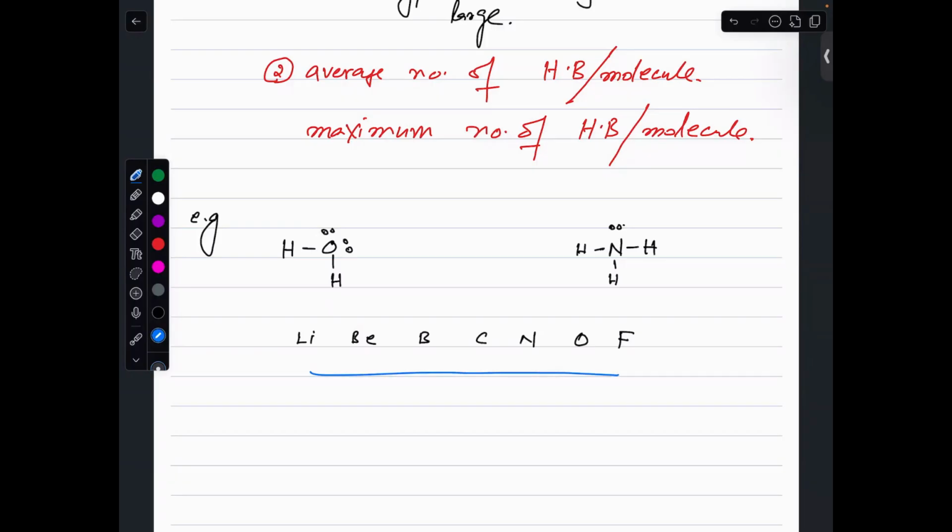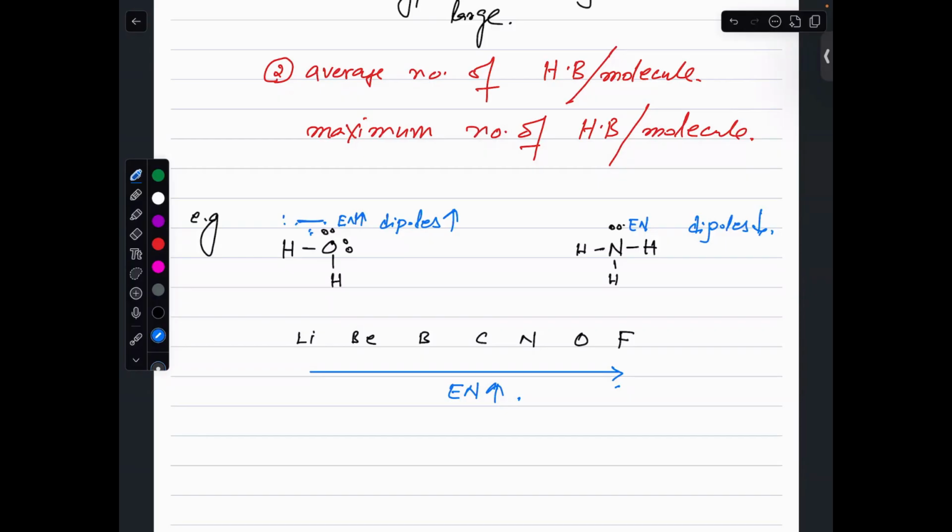Across a period, electronegativity increases. So which one is more electronegative? Oxygen. So the electronegativity difference of H-O is more, and its dipoles are large. For nitrogen, the dipoles are small. One big difference.